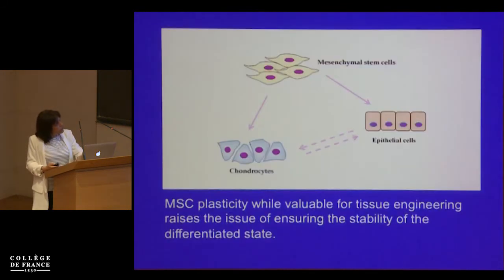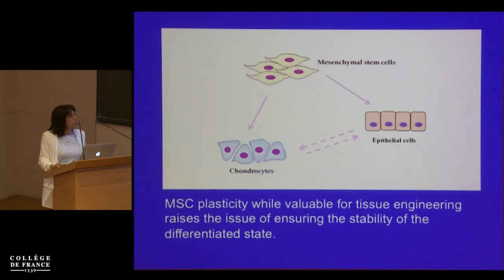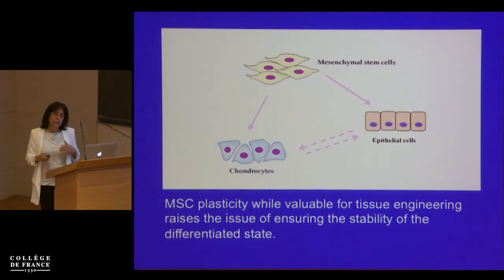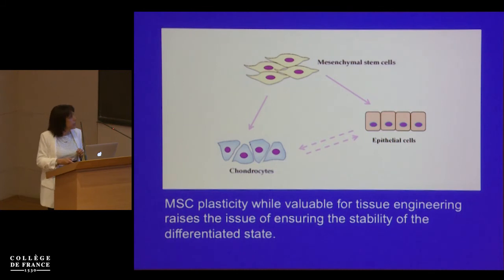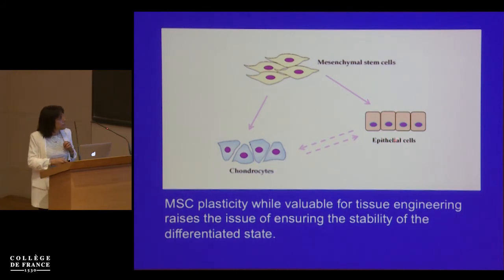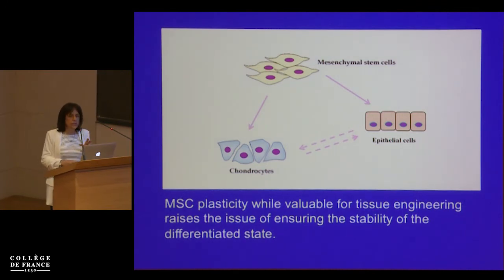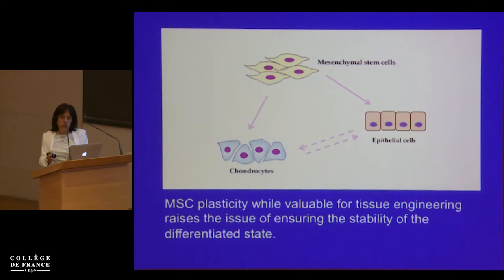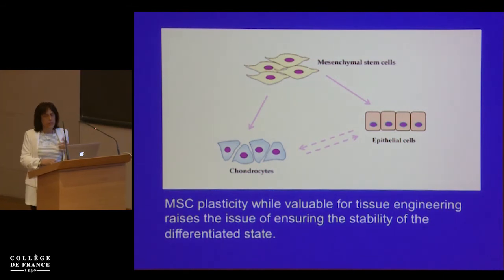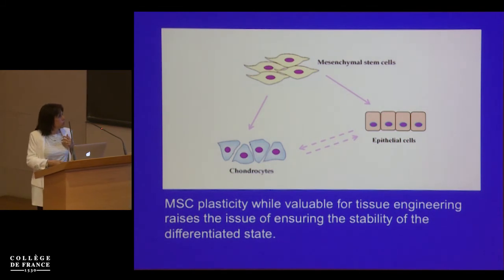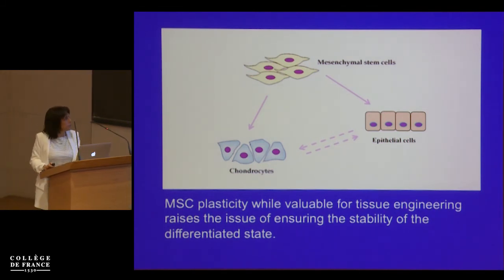And this is interesting but poses a question and an issue about the stability of the differentiated state. So this is quite exciting in terms of what this cell can do, but if you're thinking of using these cells to make a tissue that you then put back in a patient, do we have stability of this tissue? What is controlling this changing?